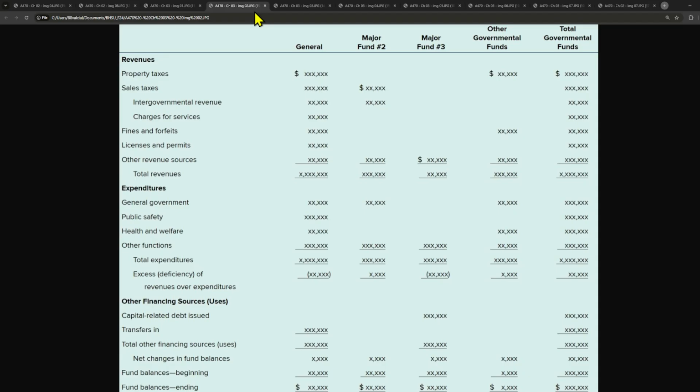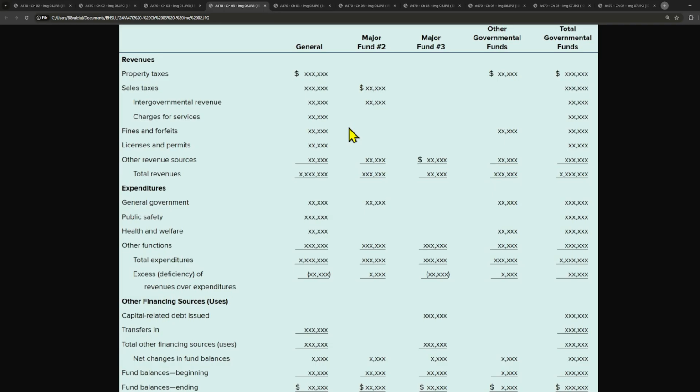It's only saying, do we have enough now to cover the services that we need to provide? Do we have enough cash now to provide the services we are providing right now? And that creates a fund balance. Each of these funds will have a fund balance.